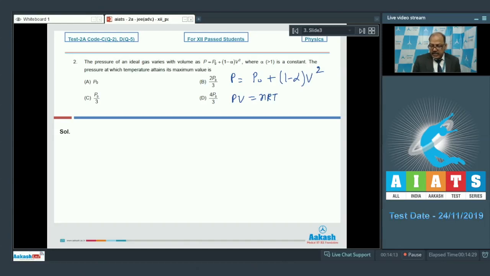So we can write V is equal to nRT by P, and so we get P is equal to then P0, which is a constant, plus 1 minus alpha V square, which will become n square R square T square by P square.